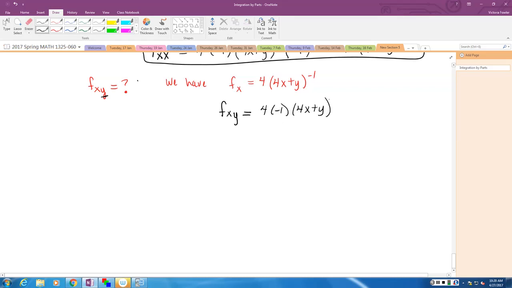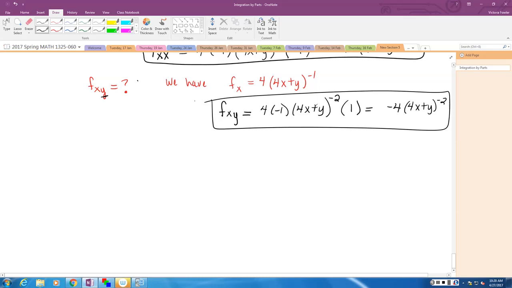Okay. Subtract the power. Multiply by the derivative of the inside with respect to y, which is 1. Okay, good. So we've got negative 4 times the quantity 4x plus y to the negative 2. Perfect. Okay, so now I have my second partial derivative.